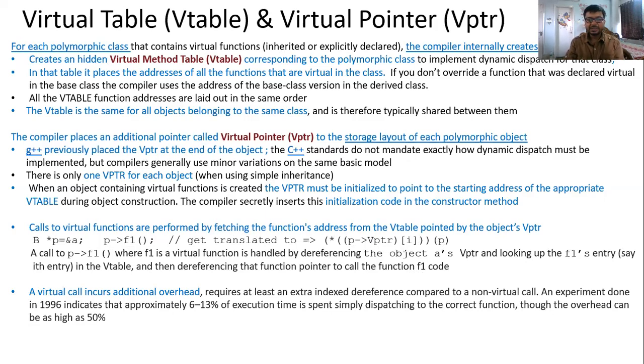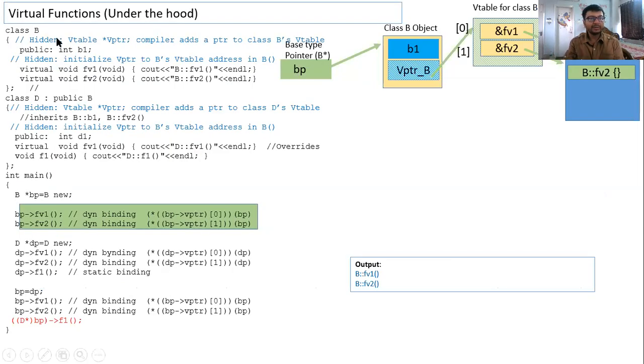So in the next slide, we'll see one simple example, which has a base class B and a derived class D. If we look into the base class B, we find that we have an integer data member B1, but because we have some virtual functions, this class will have a virtual table also.